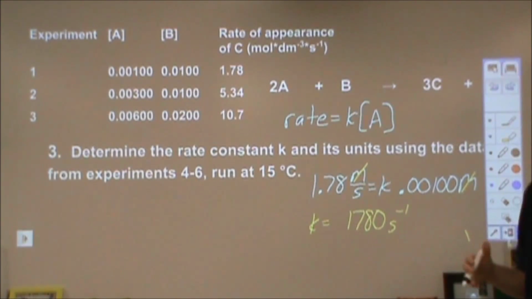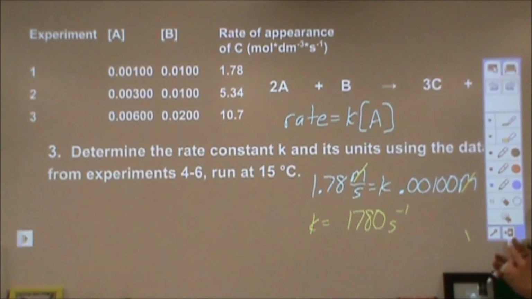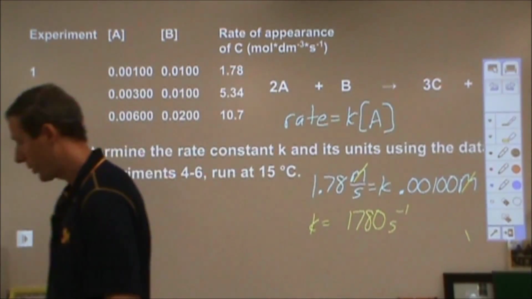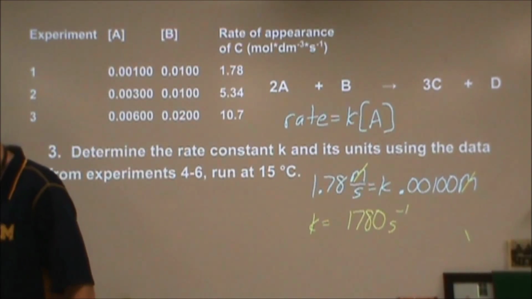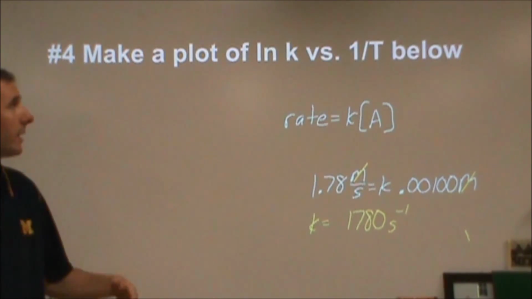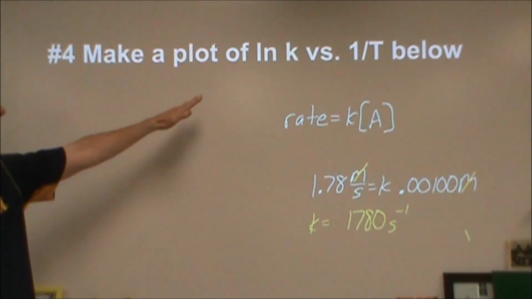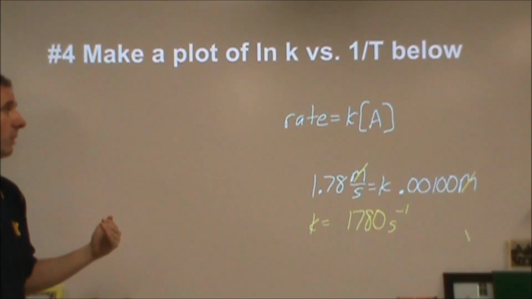So we see that our rate constant has gone down as temperature decreases. That makes sense, our reaction is slower. Now, in question 4, it says to make a plot of the natural log of the rate constants versus 1 over temperature.